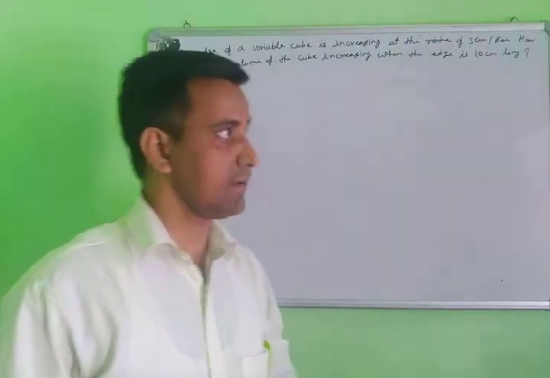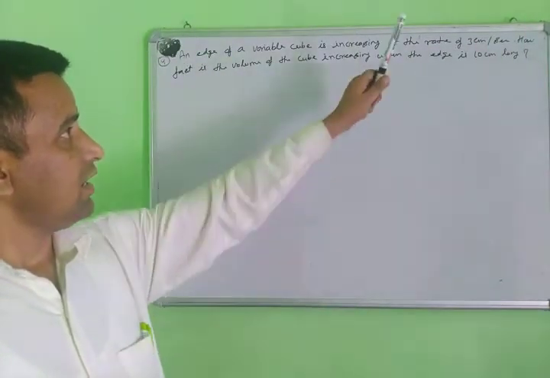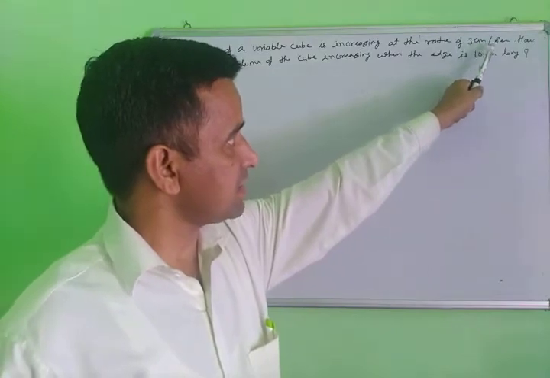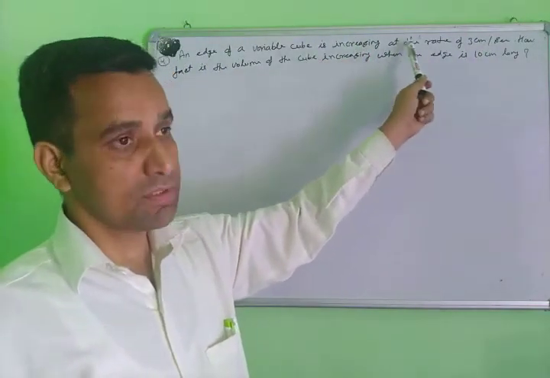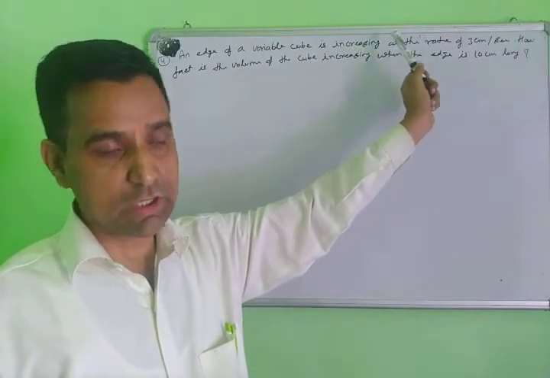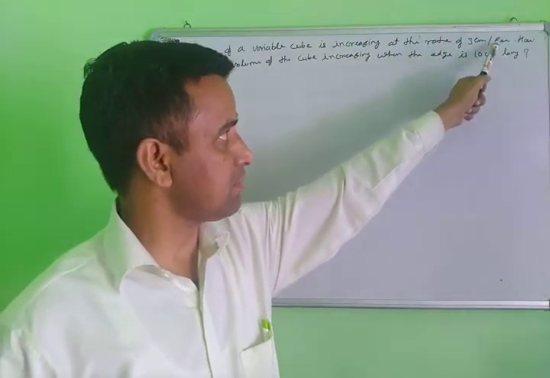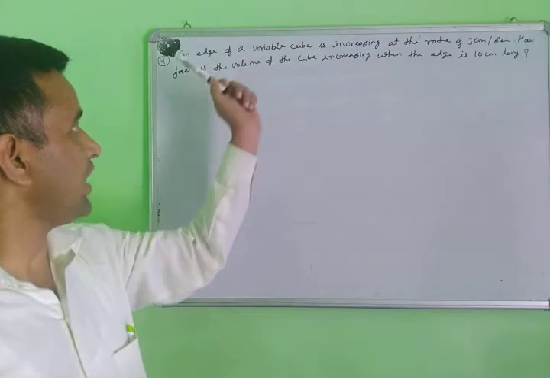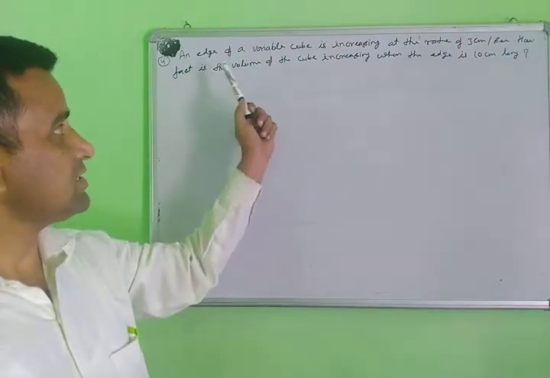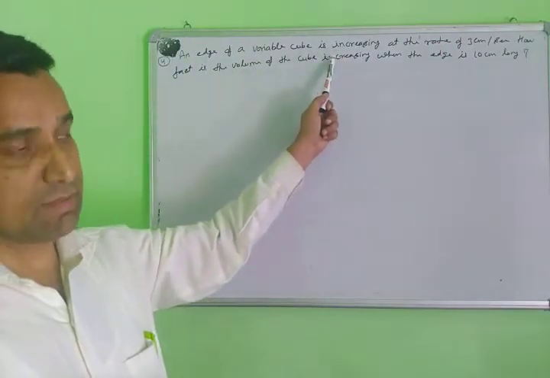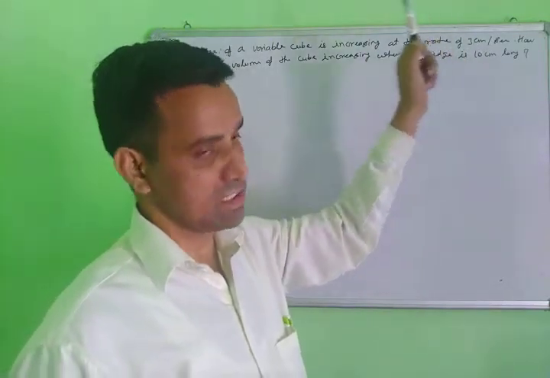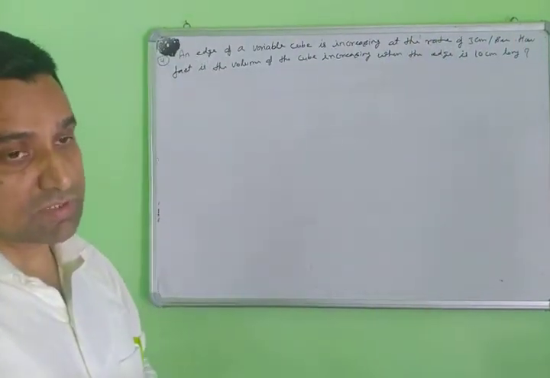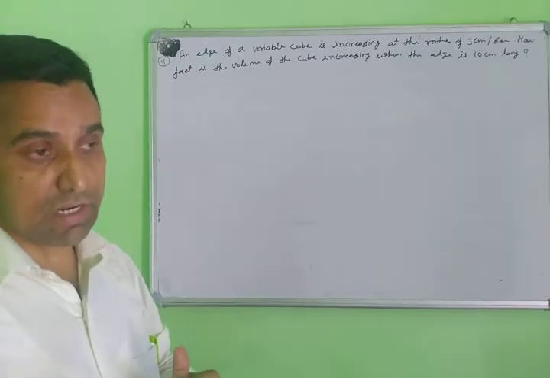Here 3 centimeter per second is the increasing rate of the edge, and you have to find the rate at which volume is increasing, that is dV over dt, when the length of the edge is 10 centimeter. Understand the question, read very carefully what is given and what you have to find.